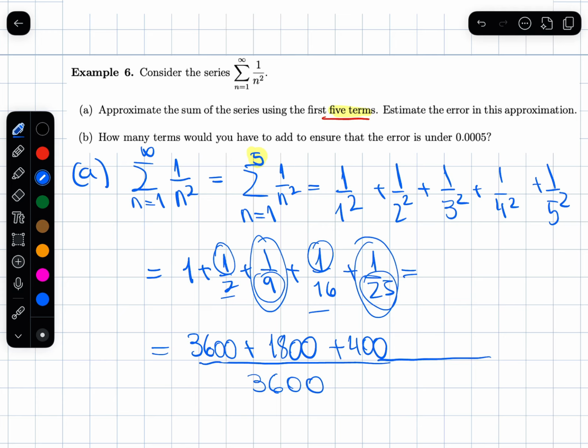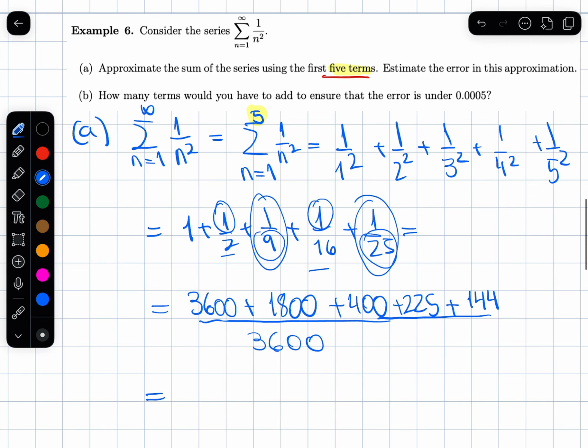And now 1 over 16, let me do 3,600 divided by 16, and that will be 225. Yeah, I think I had to go 3,600. And then 3,600 divided by 25, and that will be 144. So that is going to be, just add all of these using my calculator here.